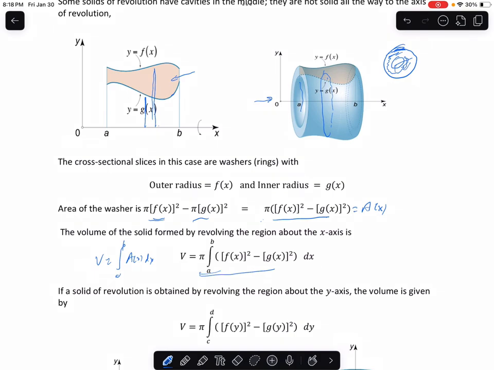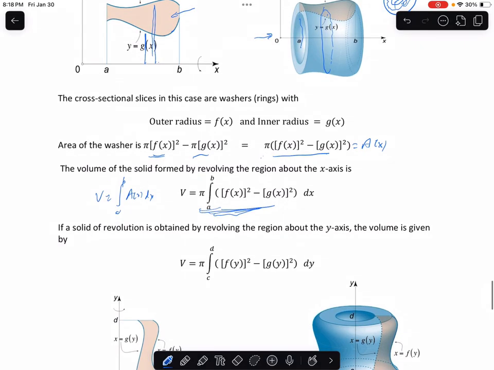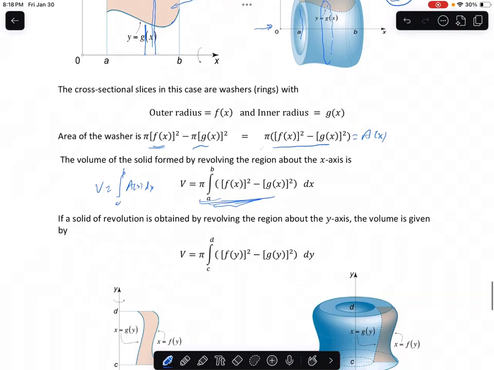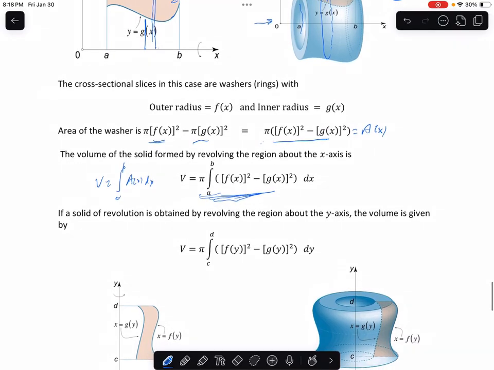Note here that when we revolve about the x-axis, we have to integrate functions which are functions of x. And when the solid of revolution is obtained by revolving the region about the y-axis, the volume is given by V is equal to pi, integral from c to d, of f of y whole square minus g of y whole square dy.